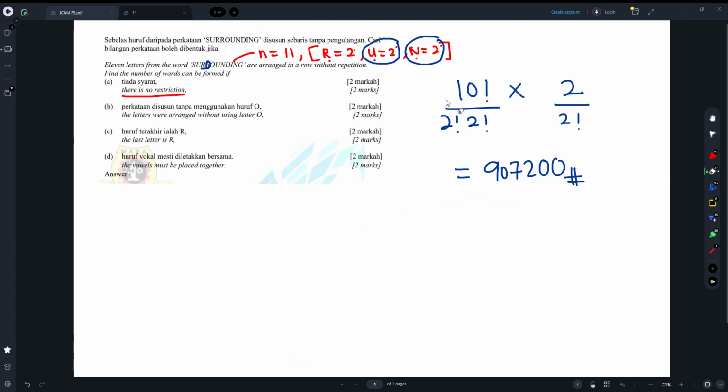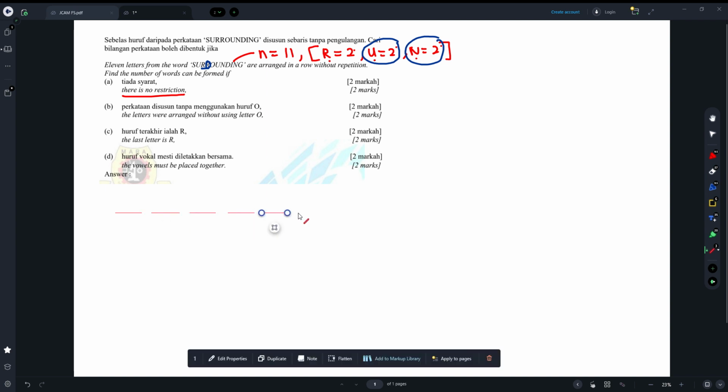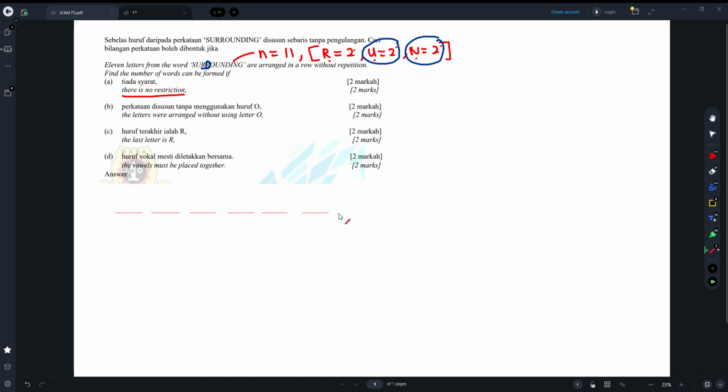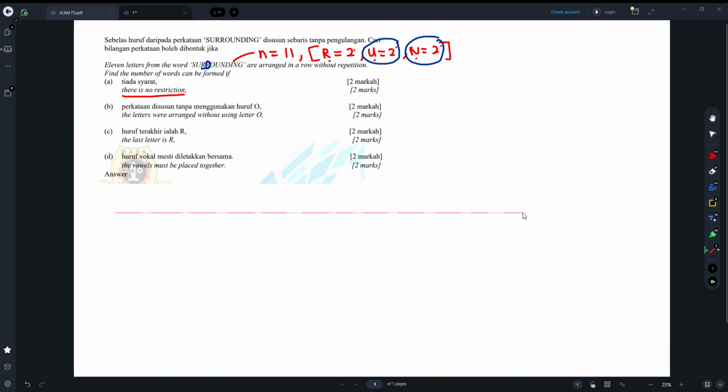This is kind of confusing for the majority of students, because the majority of students will only assume that whenever the vowels are placed together, they are either together in the first 4 places or together in the last 4 places. But in reality, that is not the truth. When we do the actual analysis, we actually have more than 2 scenarios here. Let me show you the breakdown of all the scenarios.